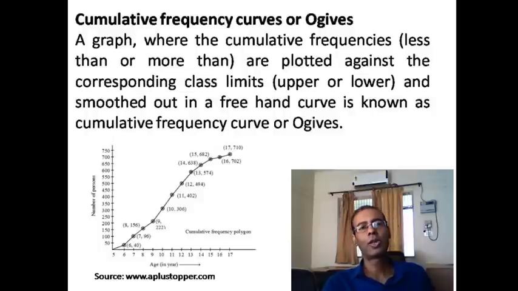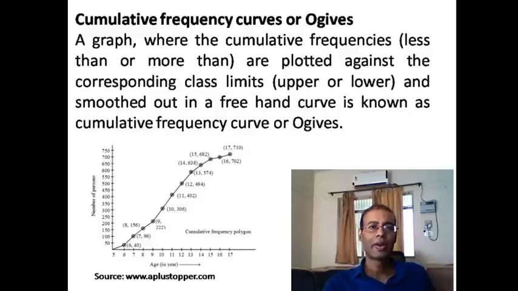Now we will see cumulative frequency curve or ogives. In the last video I discussed how to calculate cumulative frequency, so you can see the video related to diagrammatic representation of data for getting an idea about the calculation of cumulative frequency.